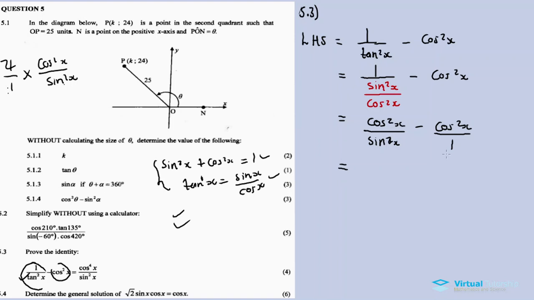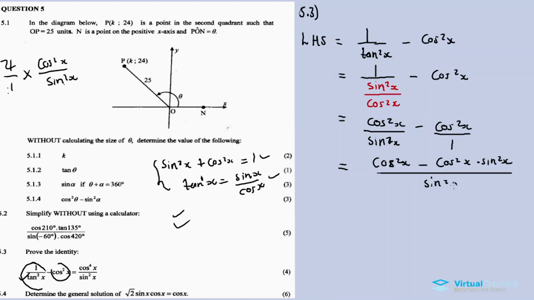So I'll say 1 times this, we get cos squared x, and sine squared x times cos squared x divided by 1 times sine squared x.